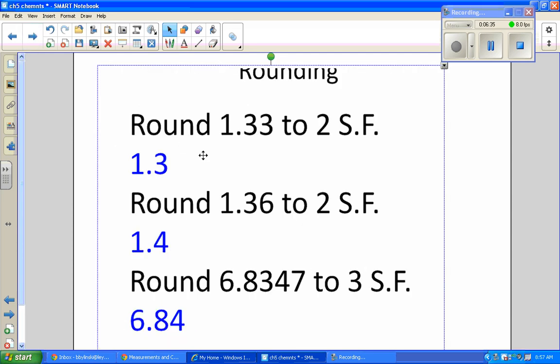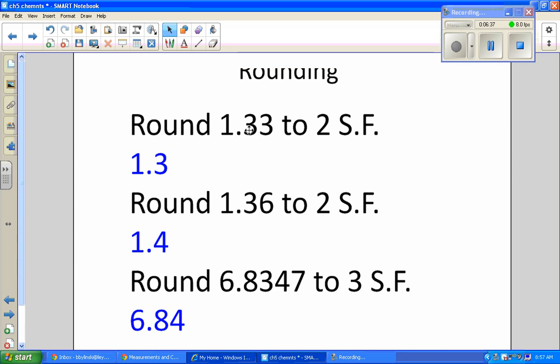Alright, and let's just practice rounding, okay? 1.33, if you round it to 2 significant figures, becomes 1.3. Anything less than 5 does not change the number you are attempting to round. So the 3 stay the same. 1.36, 6 is greater than 5, so it affects that 3 and makes it round up to 1.4.